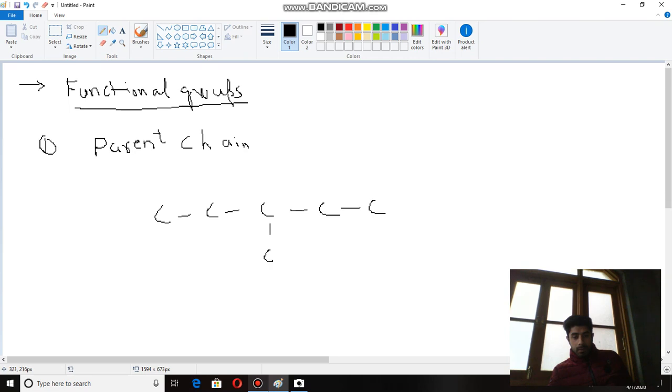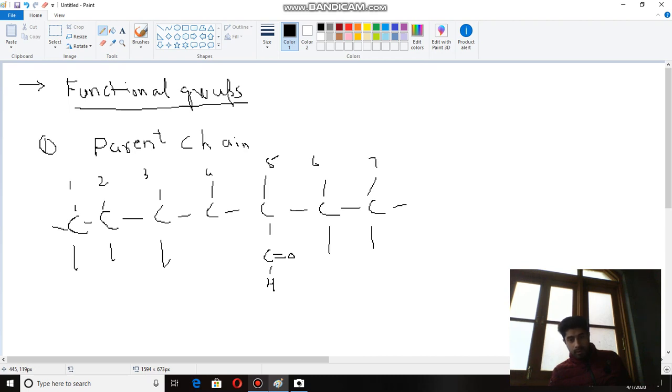If any compound is like this and here we have some functional group, it's H, C double bond O, H. And from here we may have like this. So we can name it like this: 1, 2, 3, 4, 5, 6 and 7.